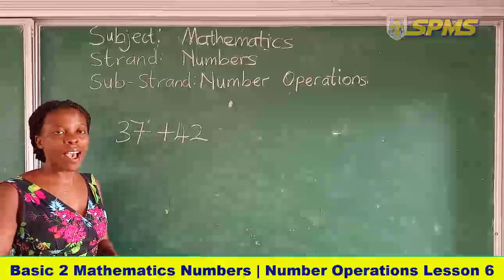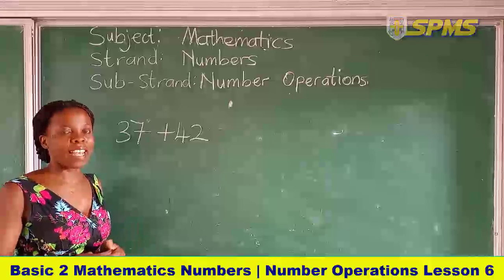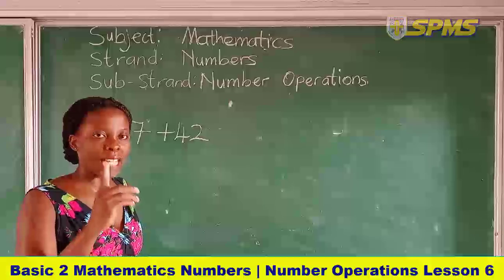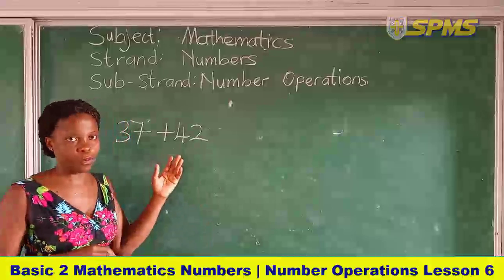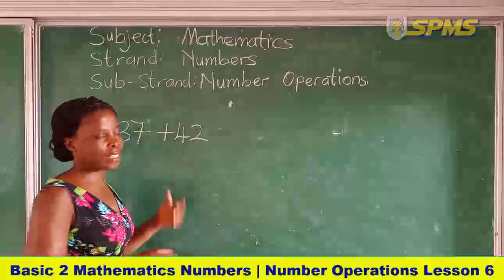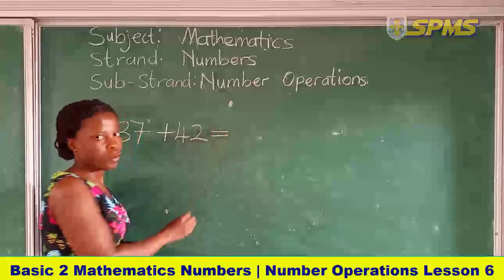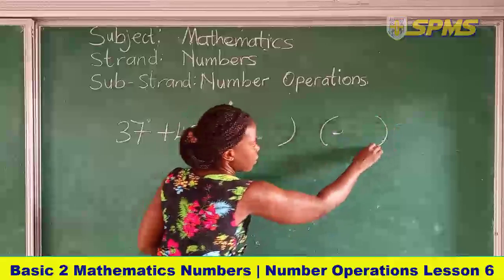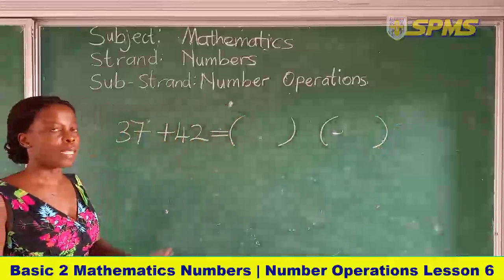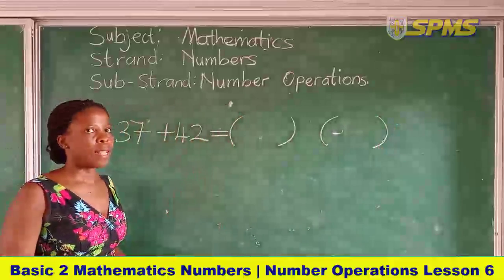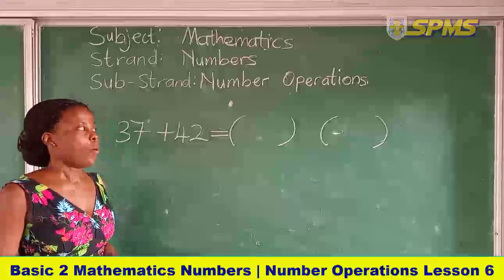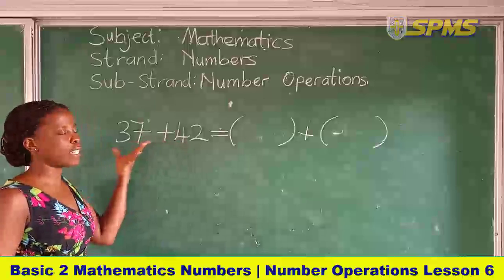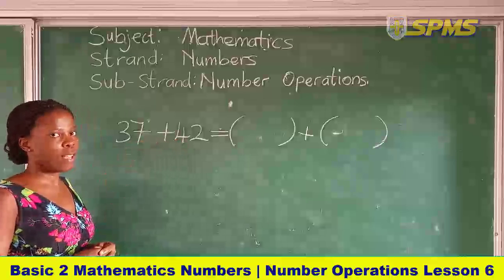We are going to add horizontally and then expand. Pay very good attention to what I'm about to do. In this case, you bring your equal to and you open two brackets. This is the first step. The second step, you bring your addition sign because you are adding these two-digit numbers together.